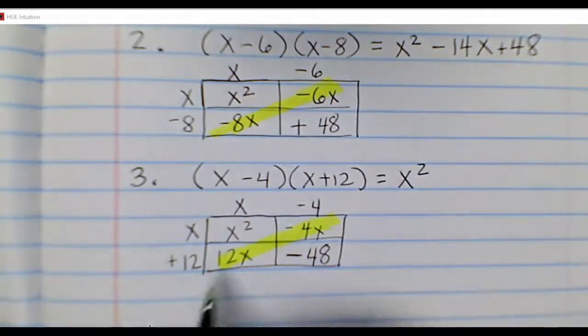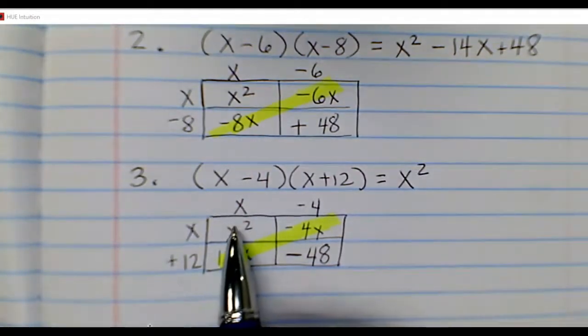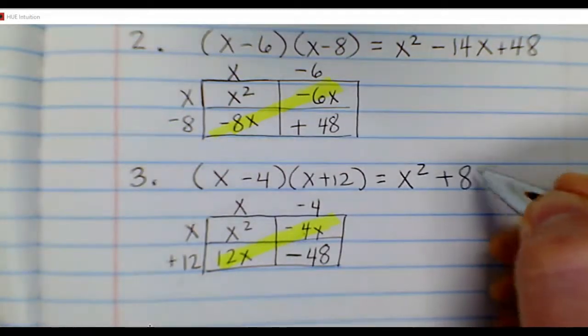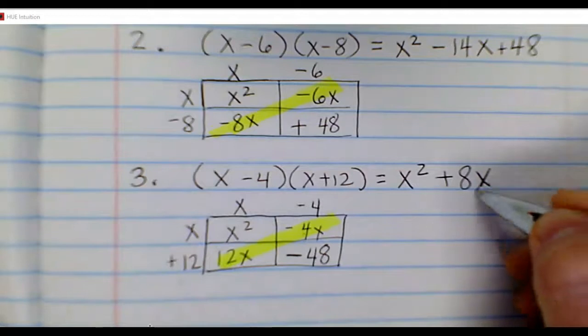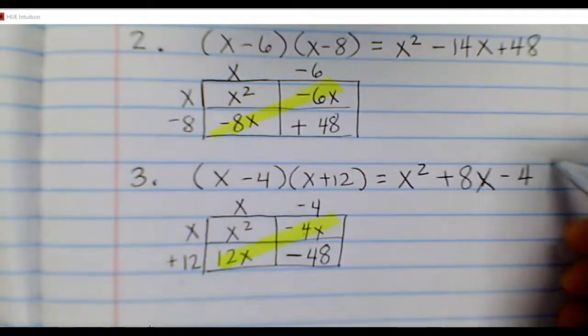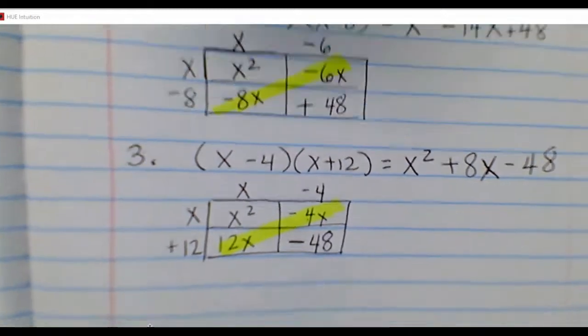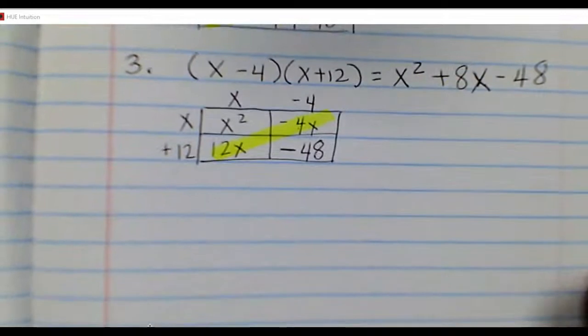X squared is that one. 12 plus a negative 4. And then we have a 48. Your answer should be written in that form where the squared comes first and then the x and then the constant number.